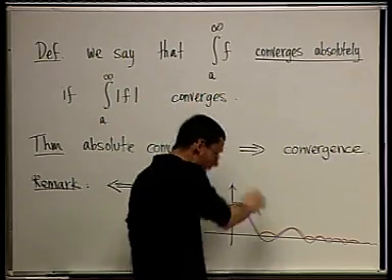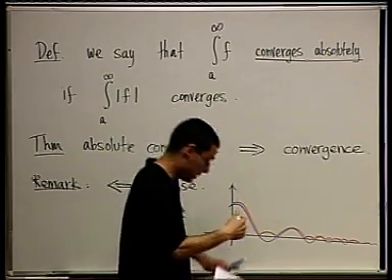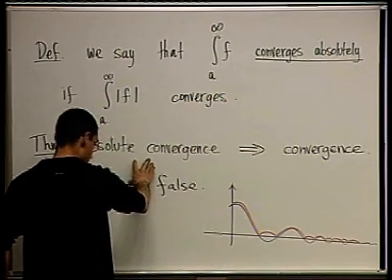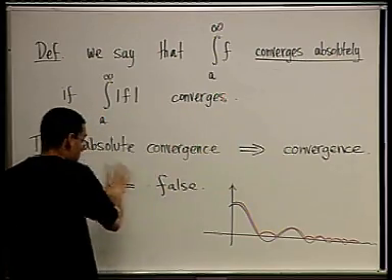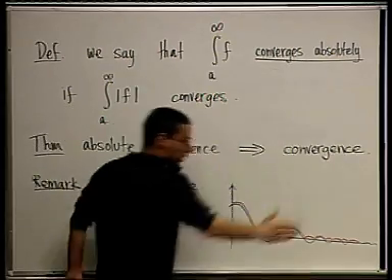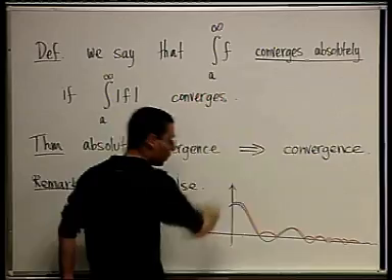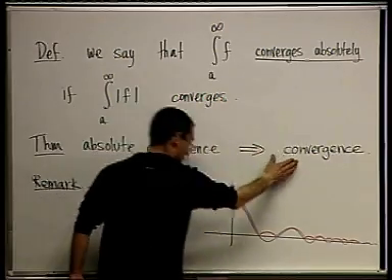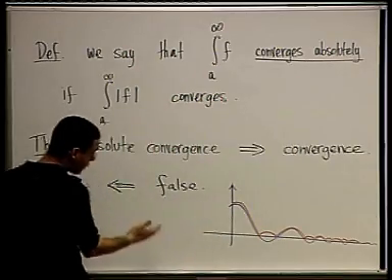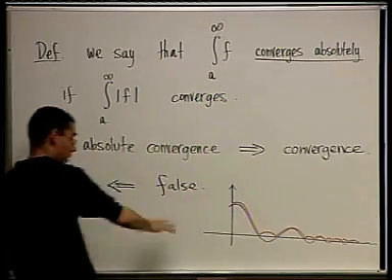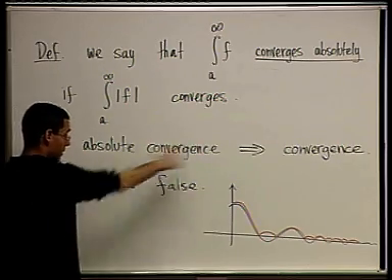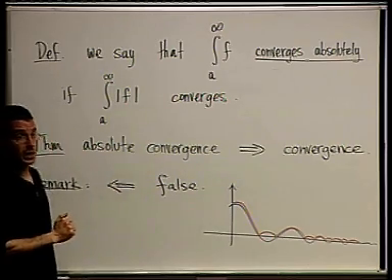We'll see an example where this actually happens in a minute. I'm not going to prove this theorem. The statement is, if the orange one converges, then the blue one would definitely converge. So if you do cancellations, it would definitely converge. That's this statement. However, it could happen that the orange one diverges, whereas the original blue one converges. That's why this is not an if and only if statement.